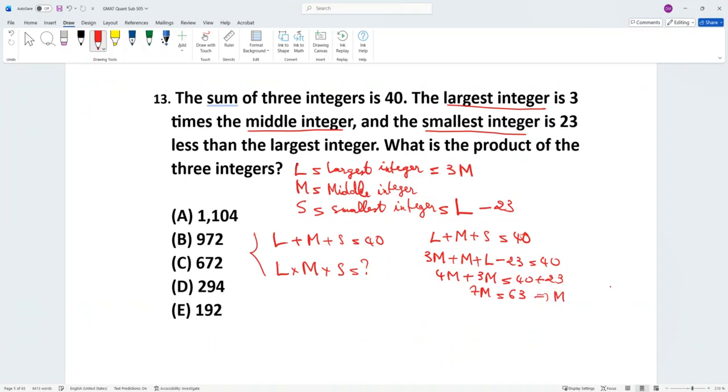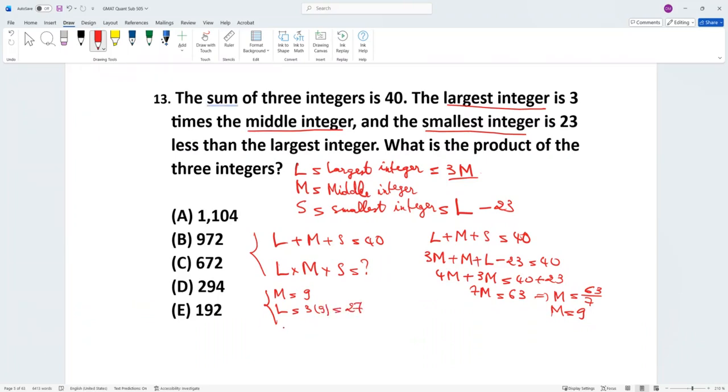Then the middle integer is 63 over 7. Middle integer is actually equal to 9. 63 divided by 7 is equal to 9. So once we have m, which is equal to 9, then the largest integer is 3m. So it's going to be 3 times 9, which is equal to 27.